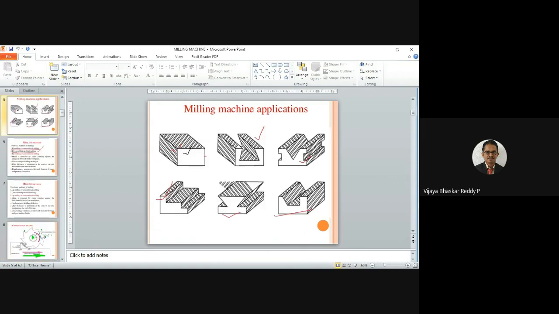The shapes we can obtain by milling machines include plain surfaces, irregular surfaces, V shapes, stepped cuts, and whatever slots we want, which we can easily generate using milling operations. These are simple components which we can produce with a milling machine, right?